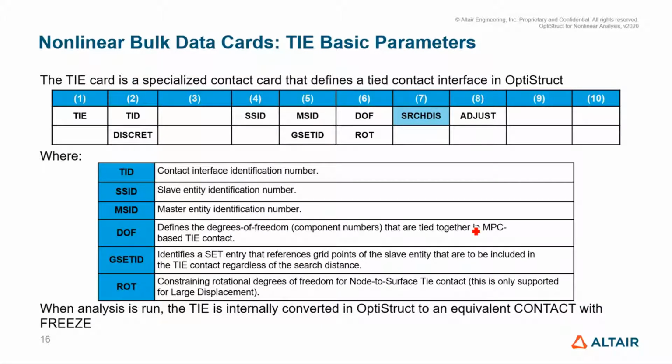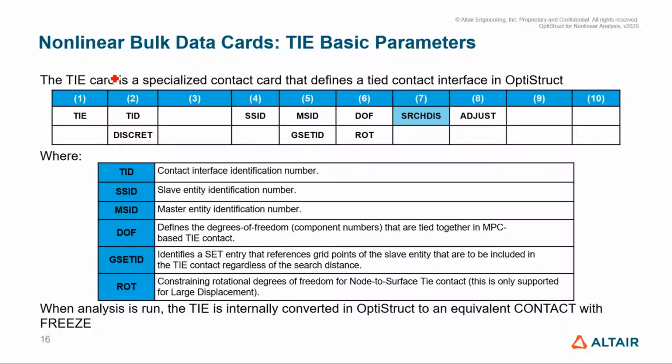Similar to freeze, we actually have another contact type which is called tie, or in other words, tie contact. So tie here is similar to freeze. The function, or the method, or when to use it is the same. When you want to establish a bonded contact from the very beginning throughout the simulation, where it cannot separate, then tie and freeze function the same.